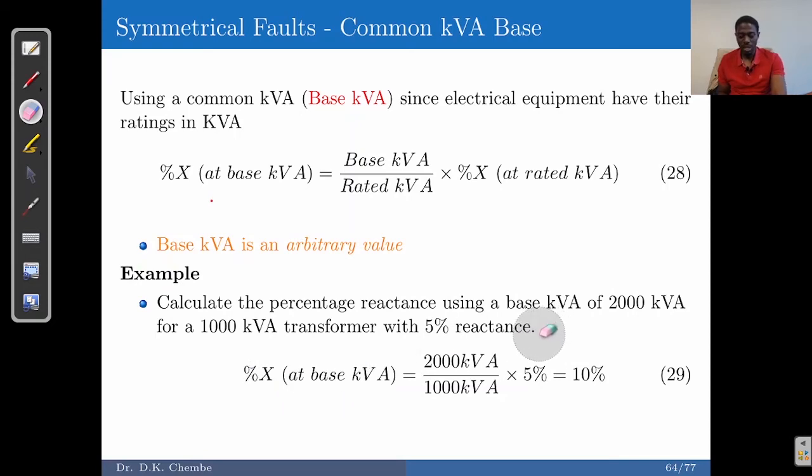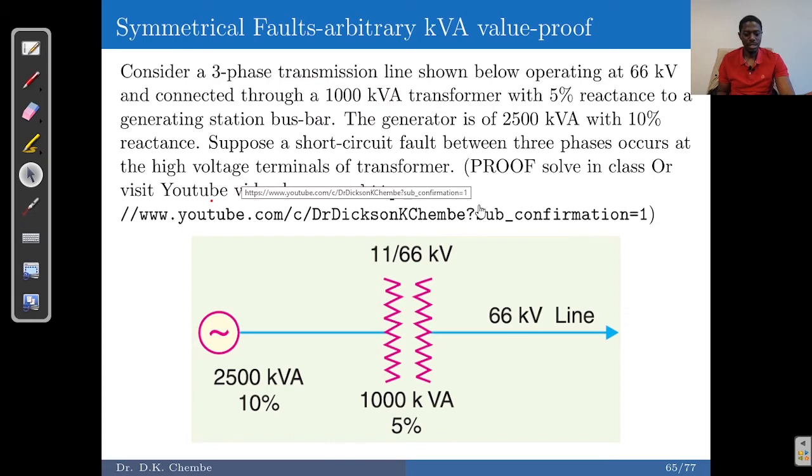Now, let's look at why it doesn't matter what base KVA you choose. Let's look at this example. You've got a three-phase transmission line shown below, operating at 66 kV, connected through a 1000 kVA transformer with 5% reactance to a generating station bus bar.